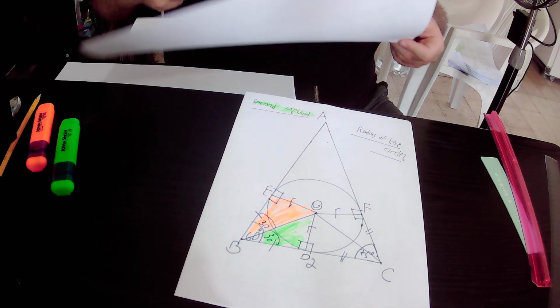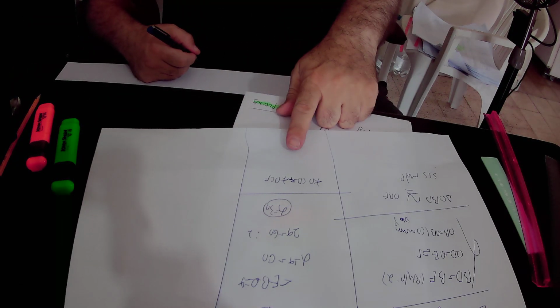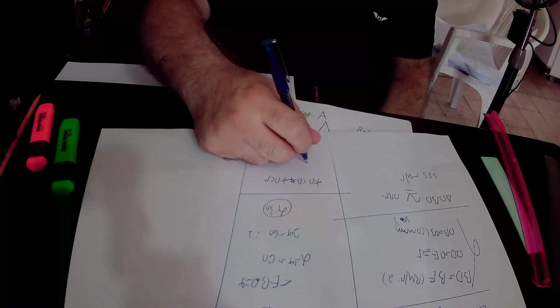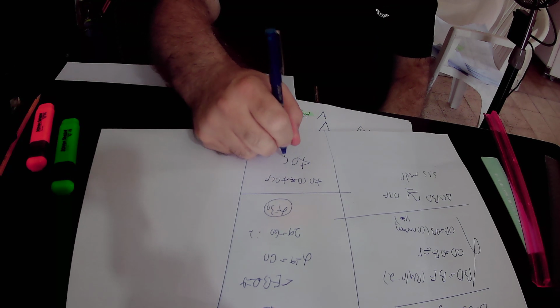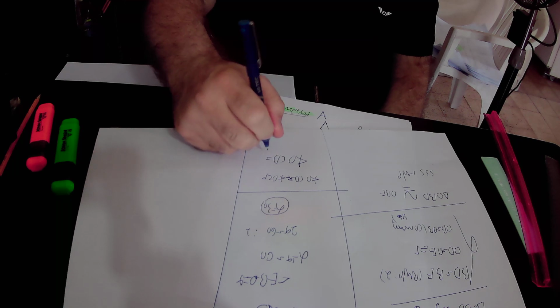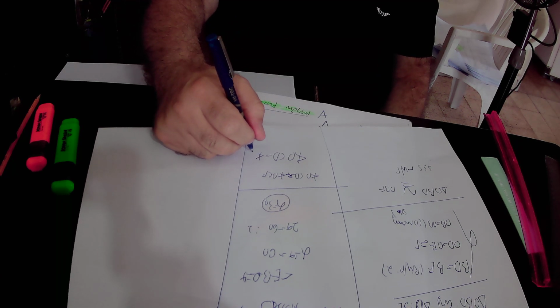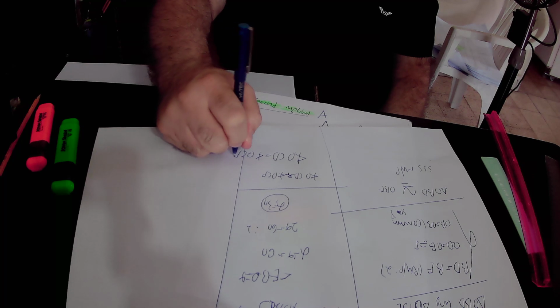Okay, angle OCD equals angle OCF, according to the rule that corresponding angles in congruent triangles are equal to each other.